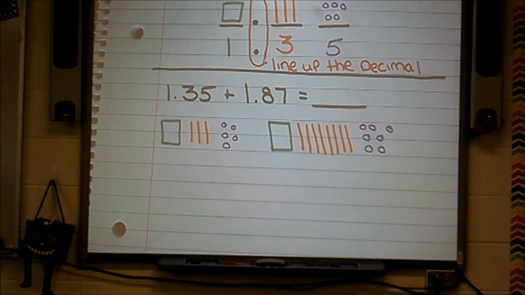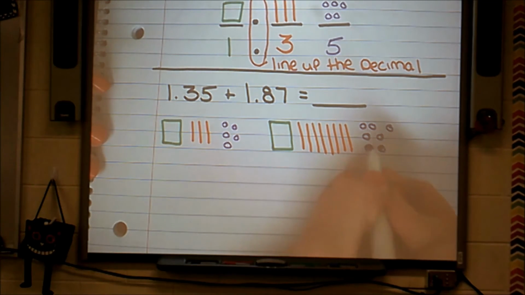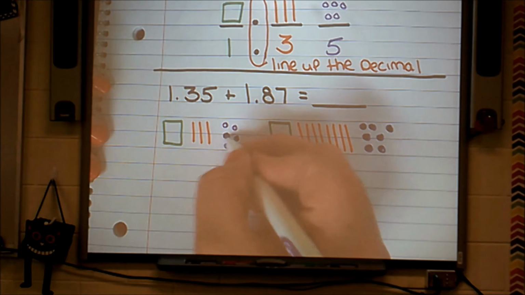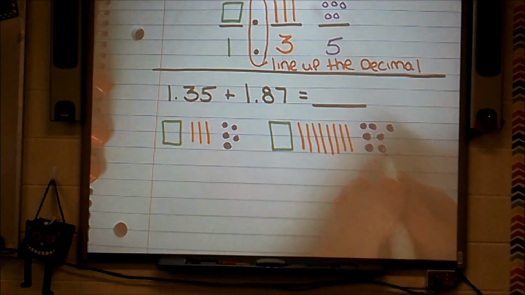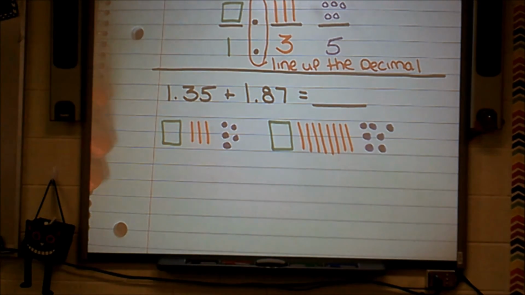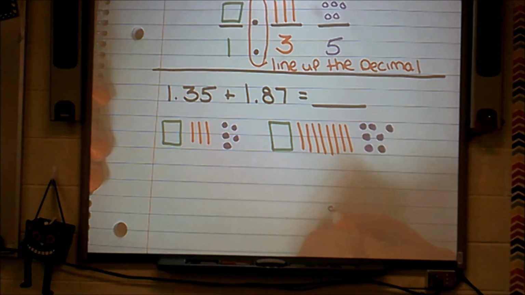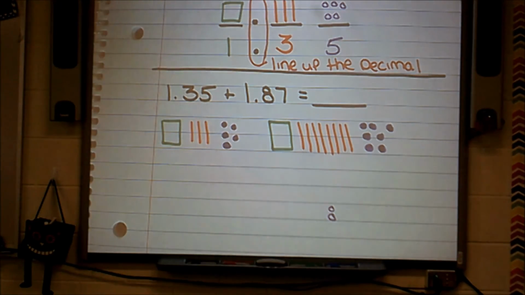Now I'm going to figure out how much I have all together. So just as I always do, I always start in my smallest place value, which in this case is our hundredths place, which is our purple specks, purple pieces, if you will. So I'm going to add up my purple pieces. 1, 2, 3, 4, 5, 6, 7, 8, 9, 10, 11, 12. So I have 12 purple specks, which I now, I'm going to do 2 purple specks, and then I'm going to trade in those 10 for another tenth rod.